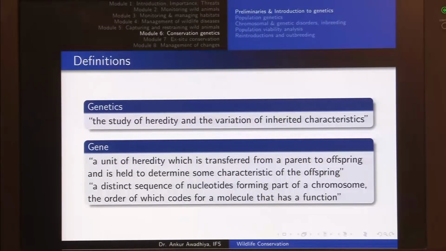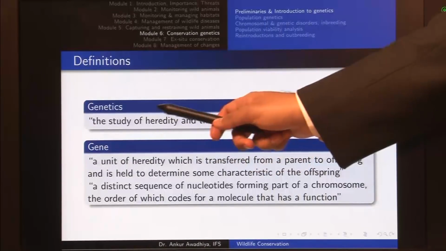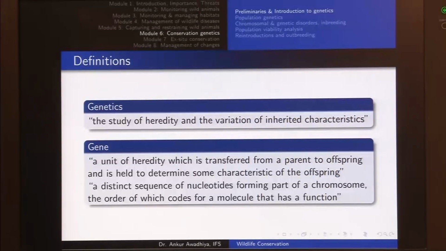So essentially the traits that were there in the parental generation also express themselves in the child. So this movement of traits across generations goes by the name of heredity. So genetics is the study of heredity, how this thing is happening, and the variation of inherited characteristics.